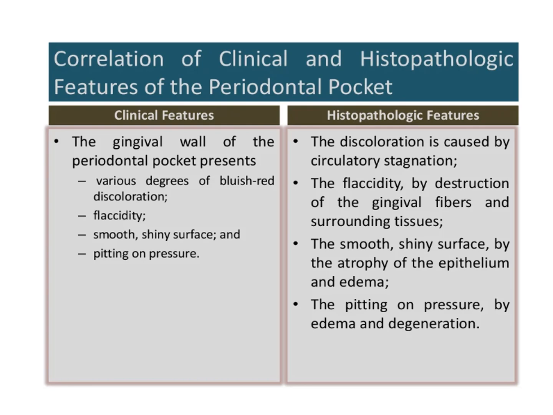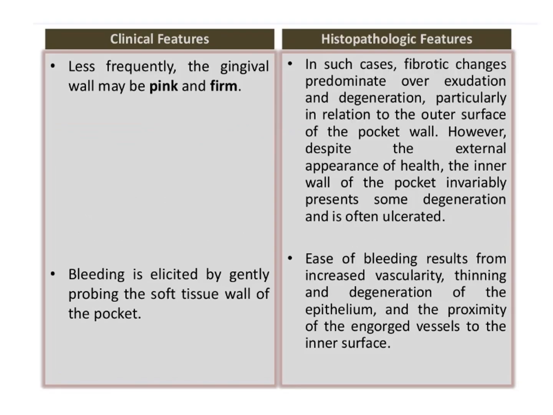What other clinical features are seen in a periodontal pocket? The gingival wall appears as a varying degrees of bluish red discoloration. It is flaccid. Sometimes it will be smooth and shiny. Sometimes the fibrotic component would have taken over, and there can be pitting on pressure that can be seen less frequently.